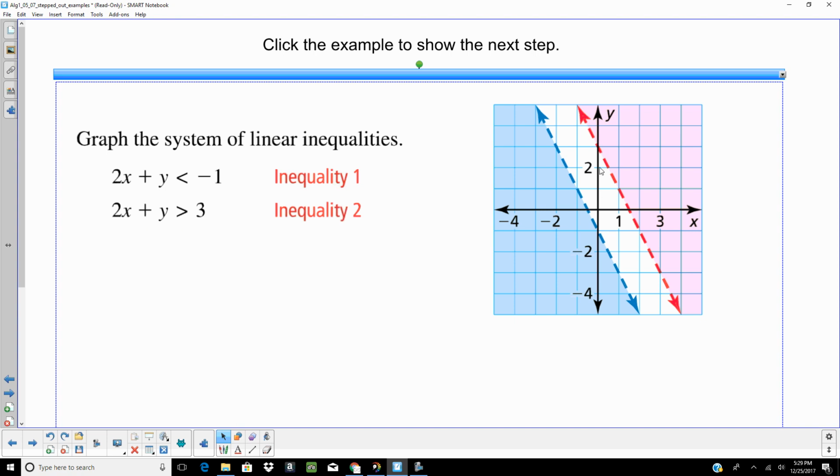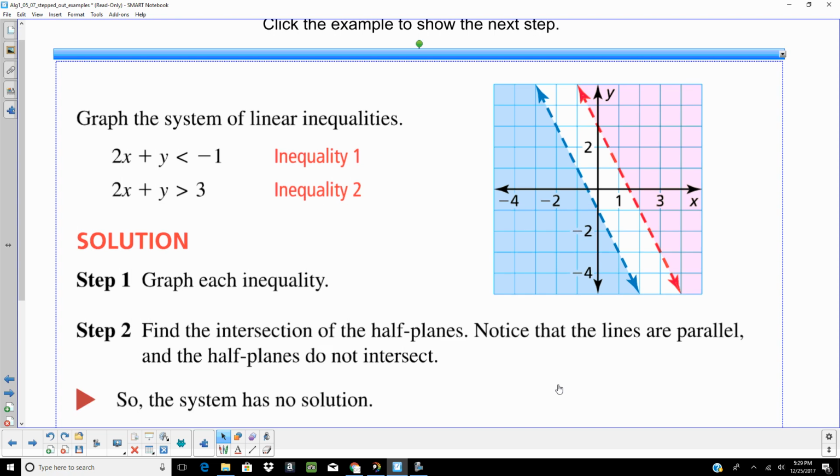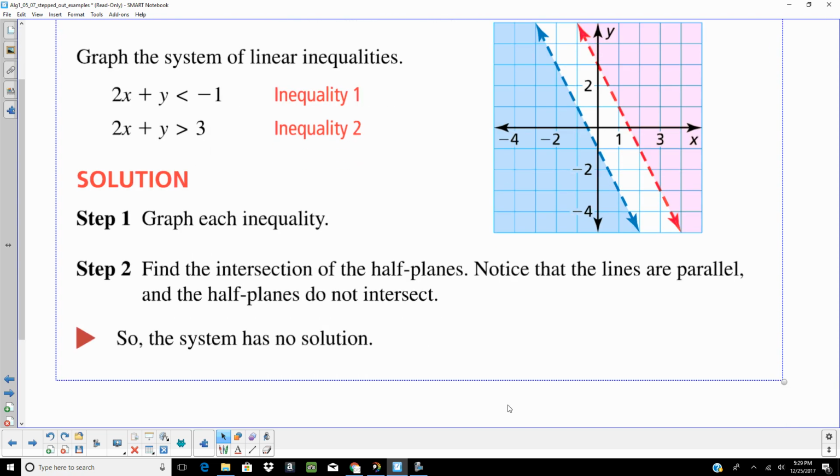My slope is negative 2. And I would be shading above because it's greater. There's no points where the graphs overlap each other. So this one would be a no solution. You're always looking for where they overlap each other. And if they don't overlap, it's a no solution.